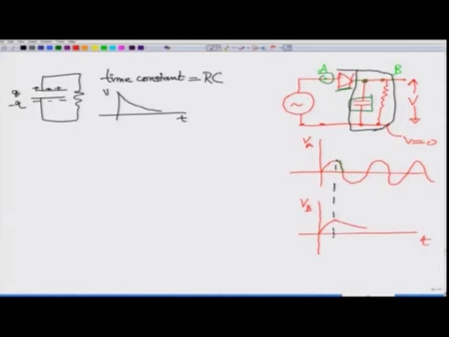So, the voltage decreases, your VA also decreases, becomes negative, and at some point of time again it starts increasing, the voltage starts increasing here, and this side it is exponentially decreasing. So, maybe at some point of time, let us say at this time, this voltage here and this voltage here, suppose they become equal.